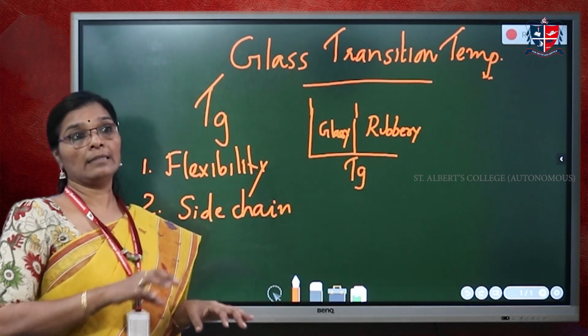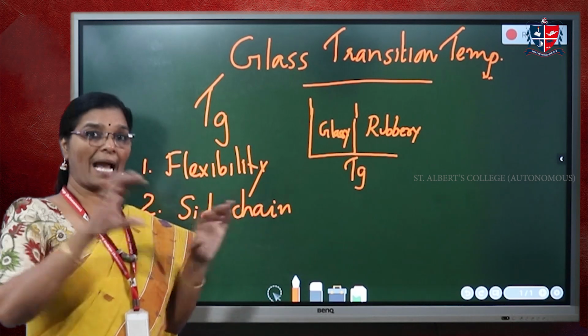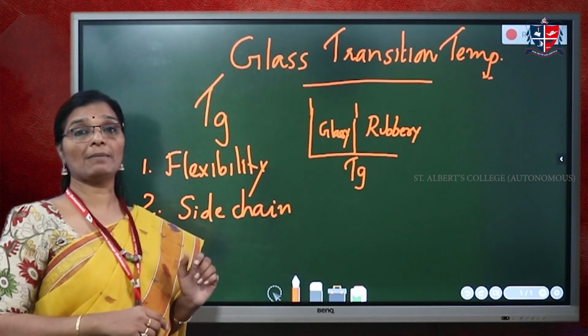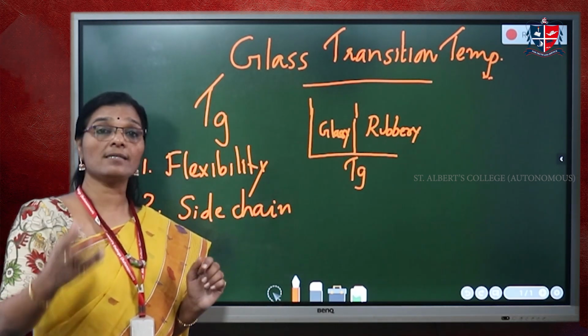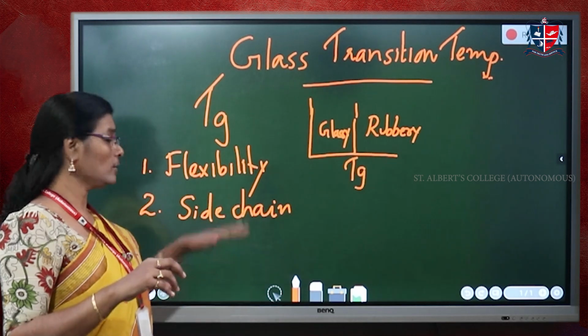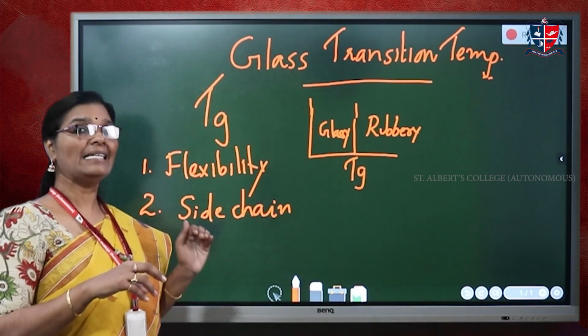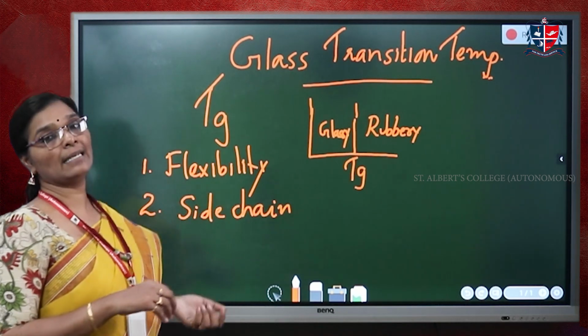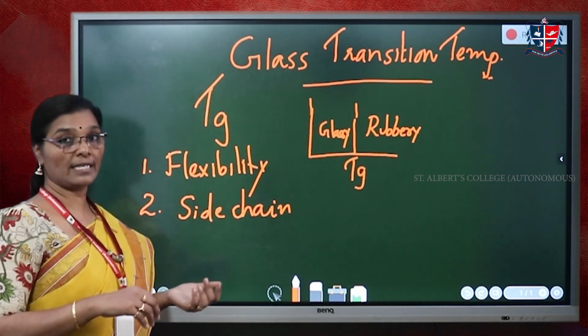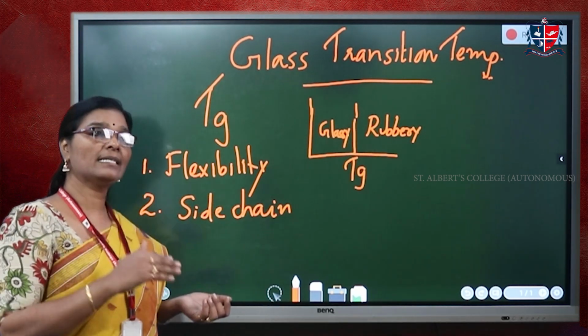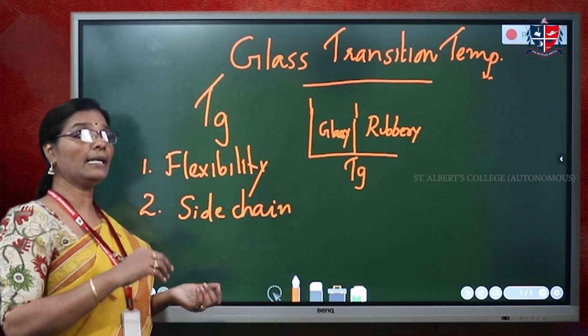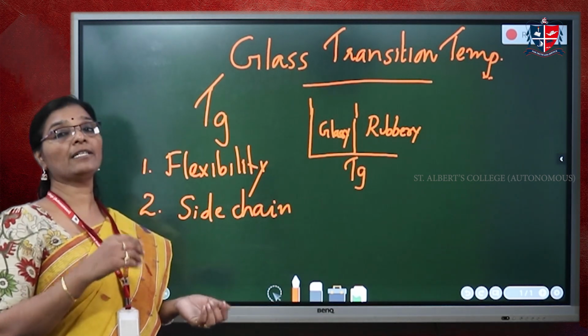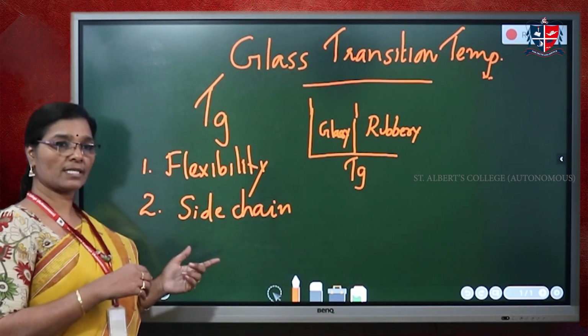So, in the polymer backbone, there is one methyl group and another aromatic group. These two groups hinder the freedom of rotation and that will increase the value of Tg. So, when we consider methylstyrene and styrene, methylstyrene exhibits a higher Tg compared to that of styrene.